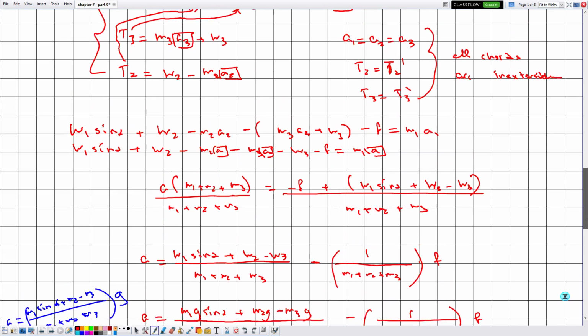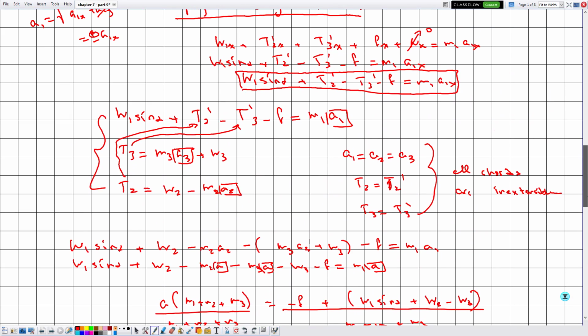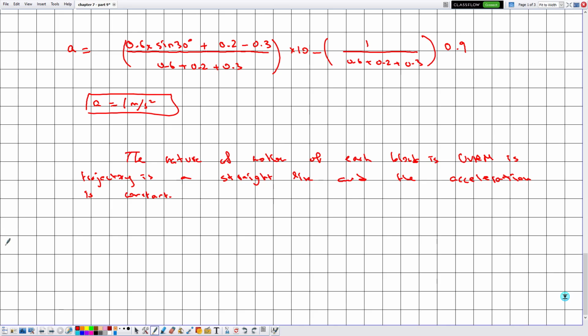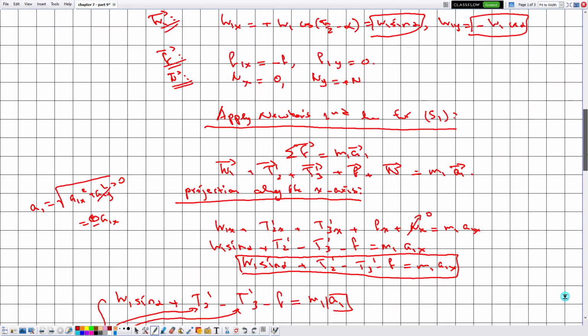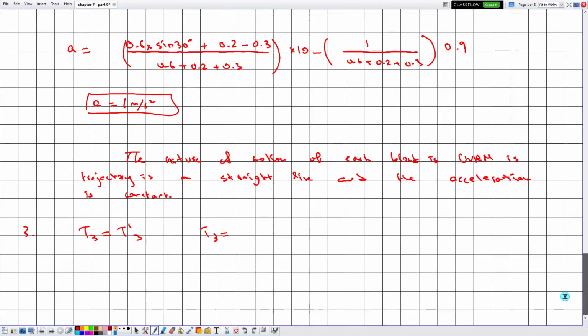Now they are telling me to deduce the value of the tensions. The value of the tensions can be deduced by referring to these equations. So T3, which is also equal to T prime 3, is given by M3A3 plus W3.